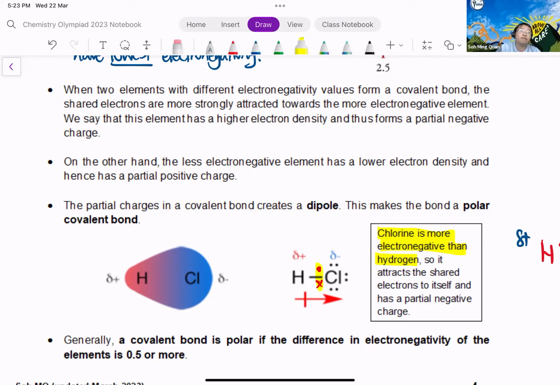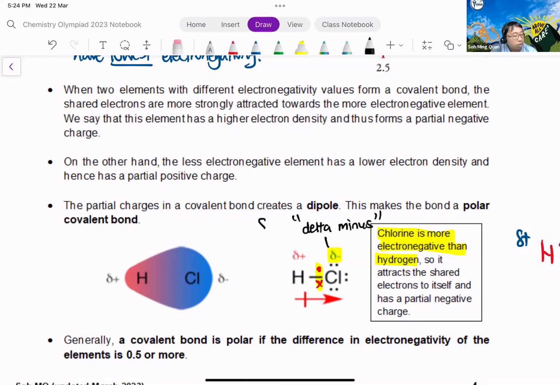As a result of this, the electrons are closer to chlorine, and electrons are negatively charged. You learned that in atomic structure. If the electrons are closer to chlorine, there's a partial negative charge. This is called delta minus.